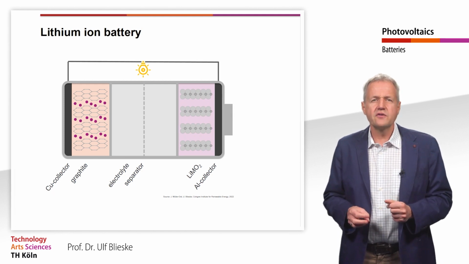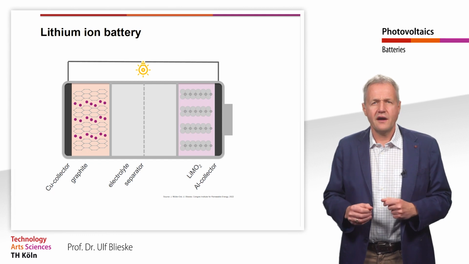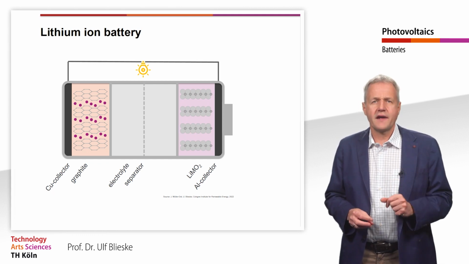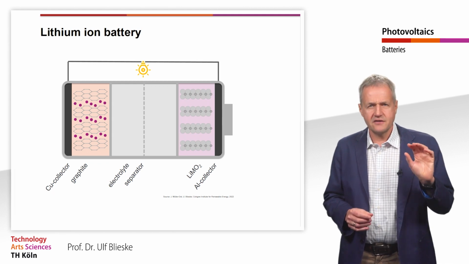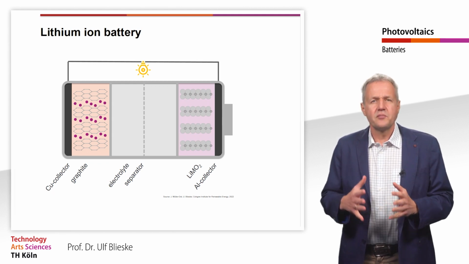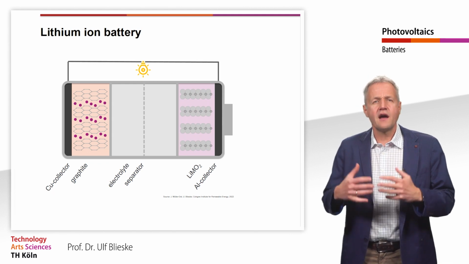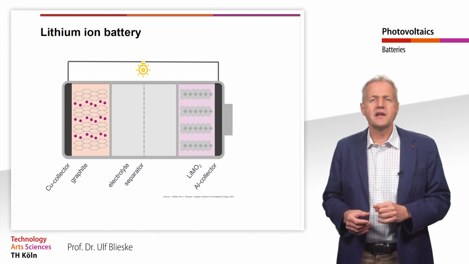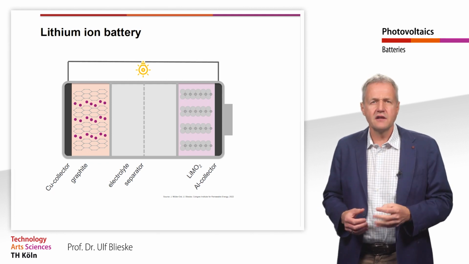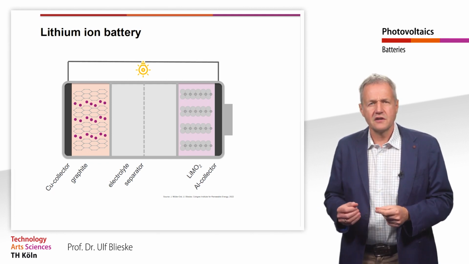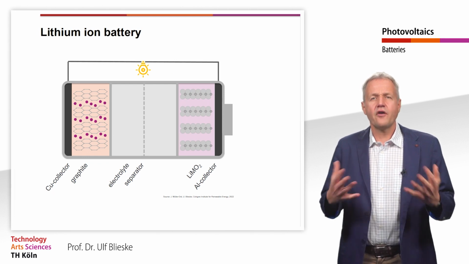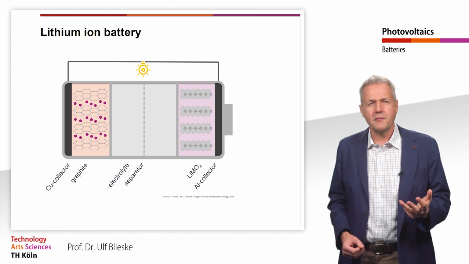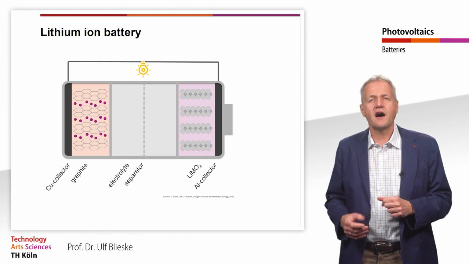Graphite is often used here because it has a low electrode potential and exhibits low volume expansion during charging and discharging. The positive electrode consists of an aluminum collector. A variety of different material combinations are used as active material on the positive electrode. Essentially, iron phosphide or metal oxide, for example cobalt, manganese or nickel oxide, are used here.